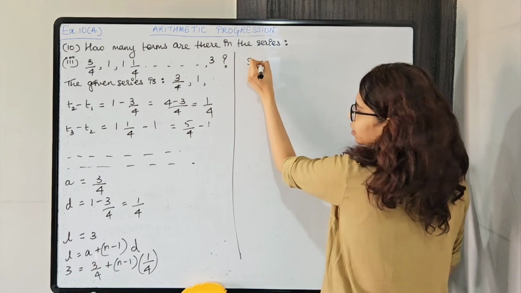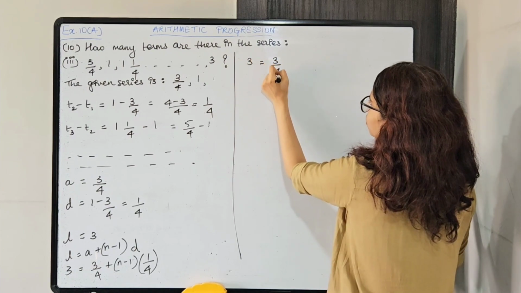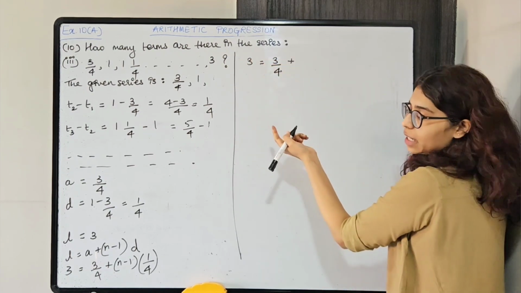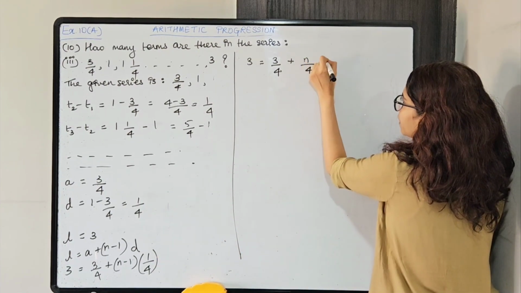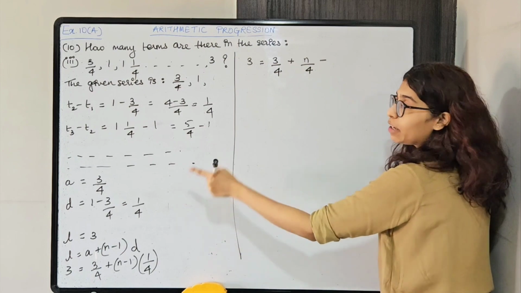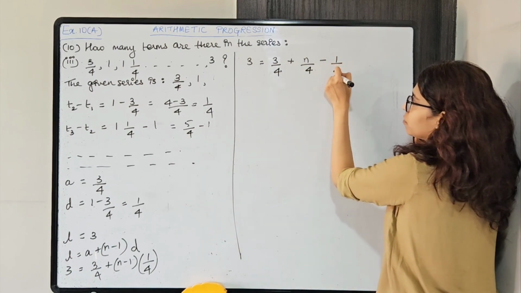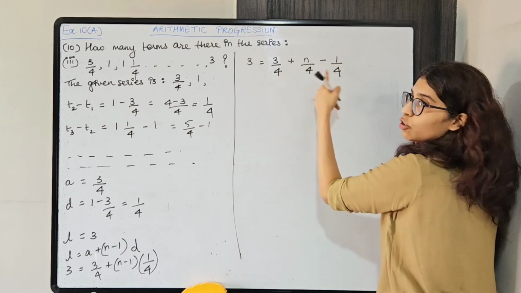So 3 is equal to 3/4 plus, opening the brackets, 1/4 into n, that will be n/4, minus 1 into 1/4, that will be 1/4. Okay, your denominator is same.